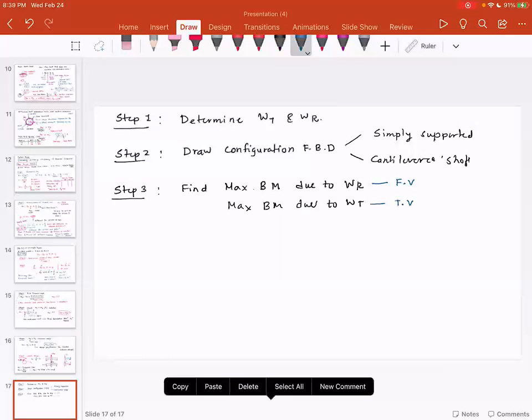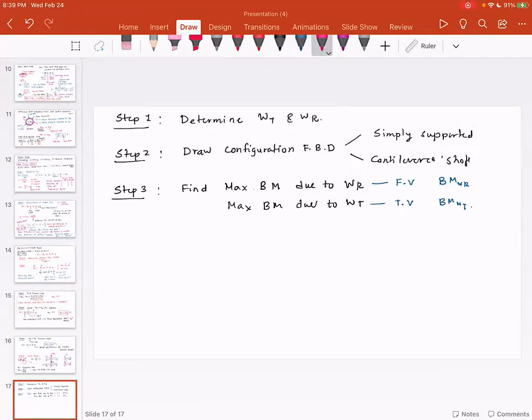So I'm going to call these BM WR and BM WT. Please note that these two bending moments are perpendicular to each other. So the final bending moment is a vector sum of the bending moment because of the radial load plus the bending moment because of the tangential load. This is the final bending moment.